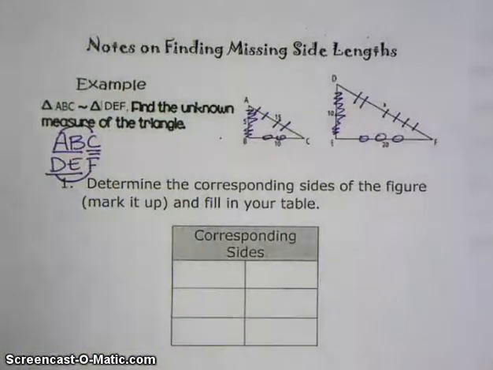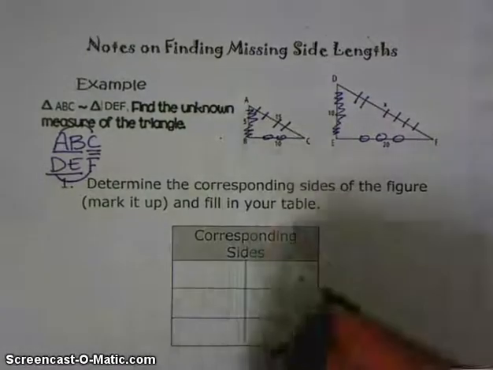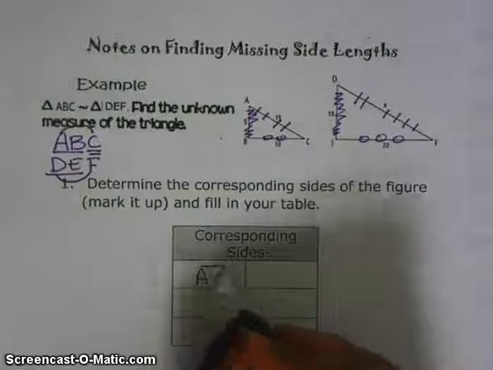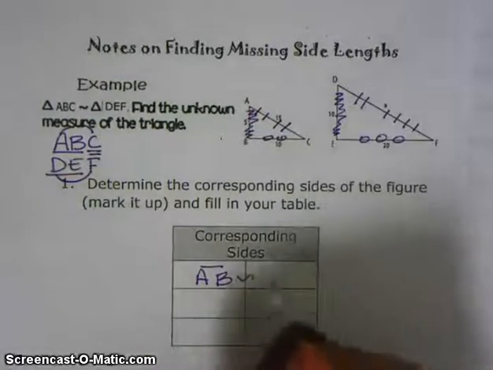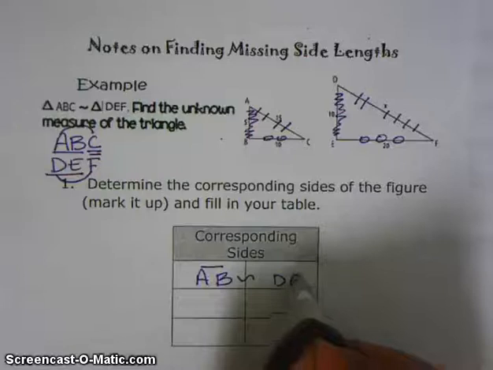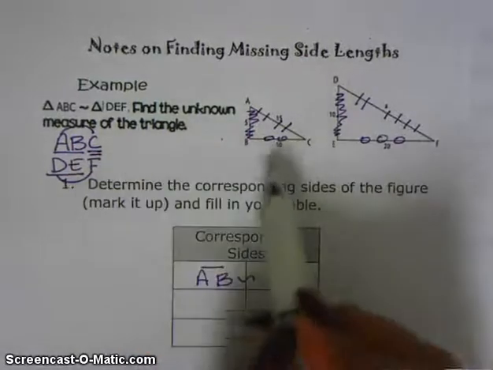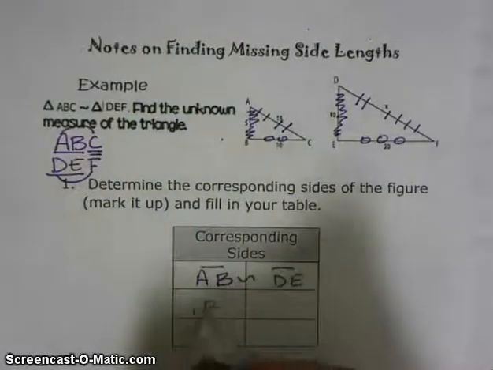Okay, so now my triangles are marked up. I'm going to identify my corresponding sides. Okay, so line segment AB, which is the squiggly, is similar to line segment DE, the squiggly. Then I'm going to go BC, which is the circles.